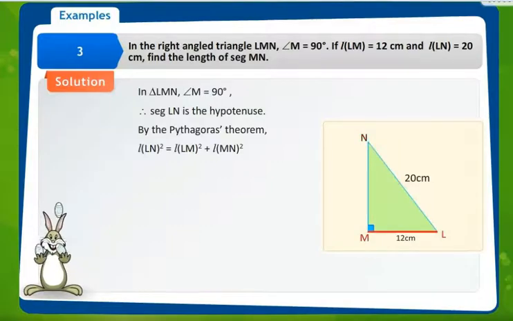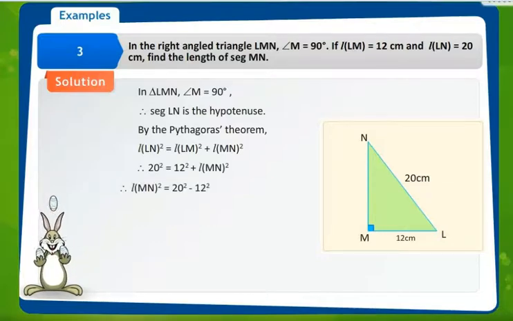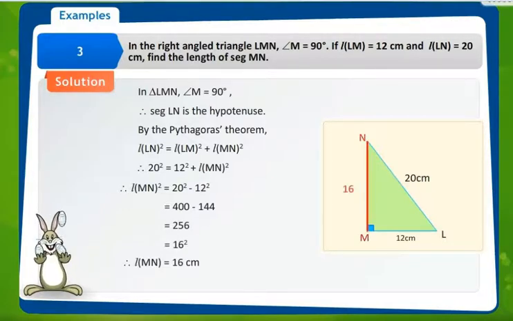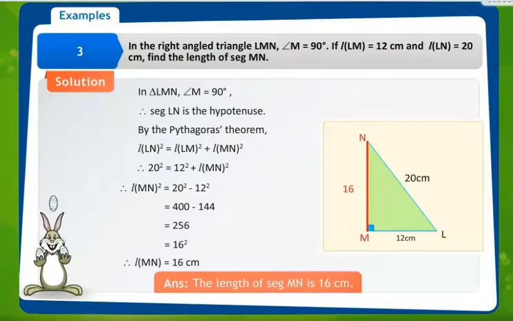LN is 20 centimeter, LM is 12 centimeter, and MN we are supposed to find out. So length of MN square is equal to 20 square minus 12 square, which is equal to 400 minus 144. Now 400 minus 144 is going to give you 256. 256 is the square of 16. So length of MN is equal to 16 centimeter. The length of segment MN is 16 centimeter.